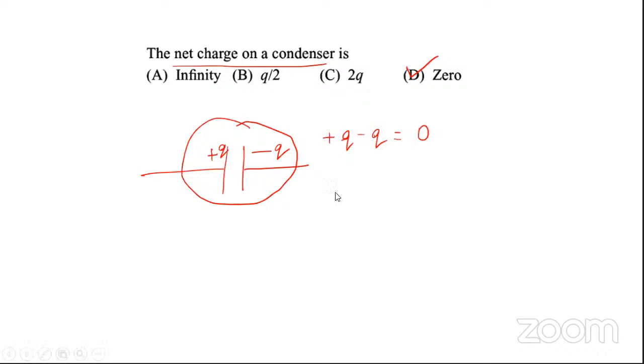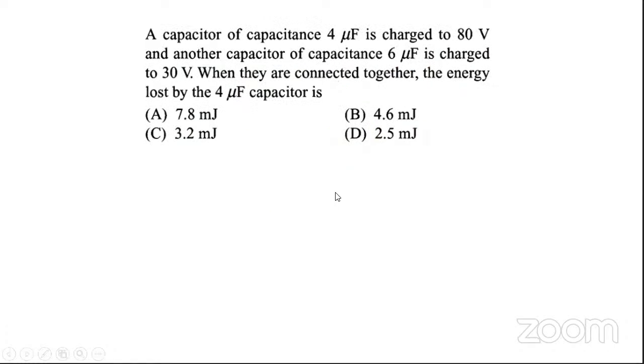Okay. The last question for today. A capacitor of capacitance 4 microfarads is charged to 80 volts, and another one with 6 microfarads capacitance is charged to 30 volts, and then they are connected together, positive to positive terminal and negative to negative terminal. Then the energy lost by the 4 microfarads capacitor is.